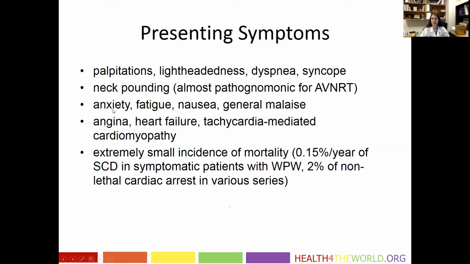Sometimes patients don't experience palpitations, but they experience anxiety, fatigue, nausea, general malaise, and some other patients show up because of chest pain or heart failure, as we discussed for my elderly patient, or tachycardia-mediated cardiomyopathy. As we discussed, there is an extremely small incidence of mortality, 0.15% per year in patients with WPW, or 2% of non-lethal cardiac arrest in various series.